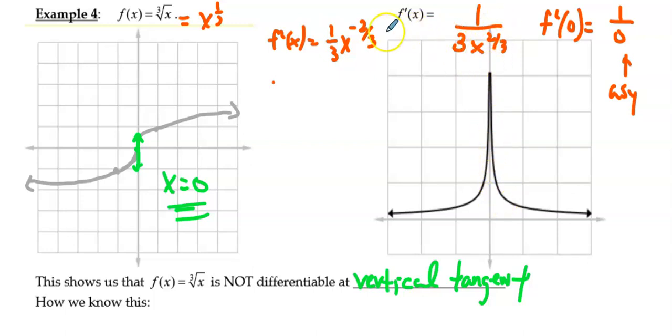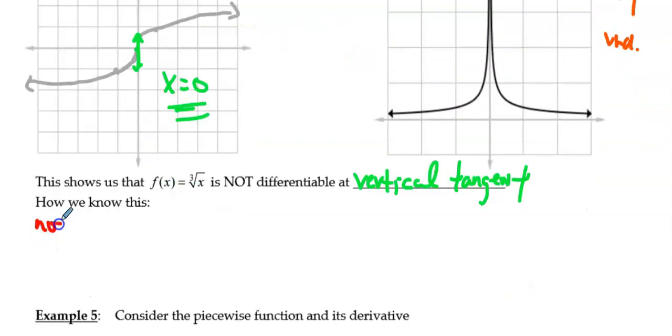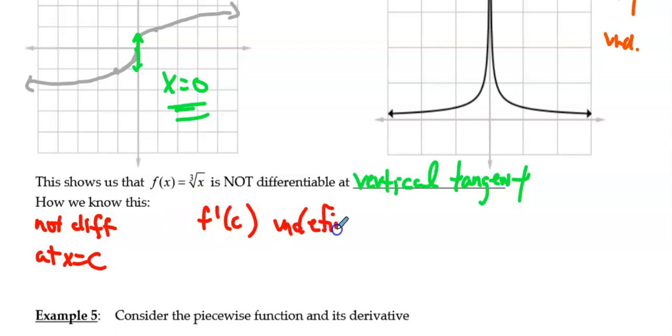We don't know what the value is. It's undefined, right? 1/0 is undefined, which means f prime of 0 does not exist. And again, it's not differentiable at x equals c. So we would say that f prime of c would be undefined.